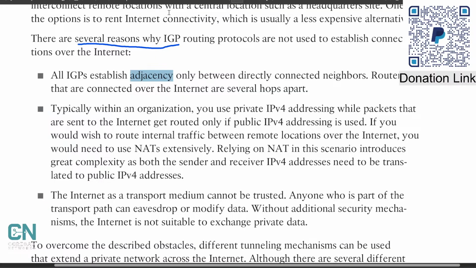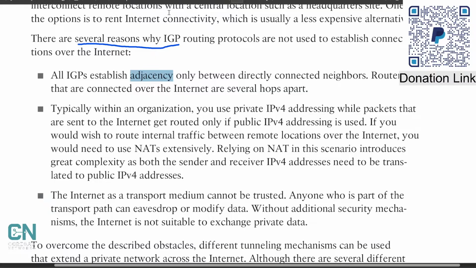Typically, within an organization, you use private IP version 4 addressing, while packets that are sent to the internet get routed only if public IP version 4 addressing is used.